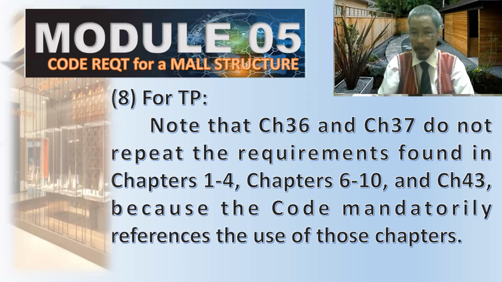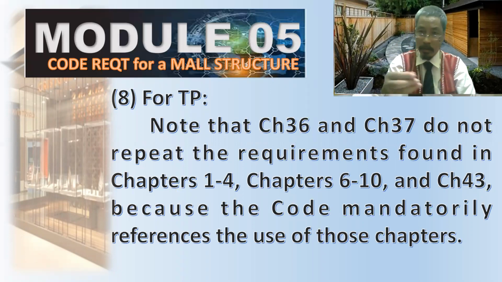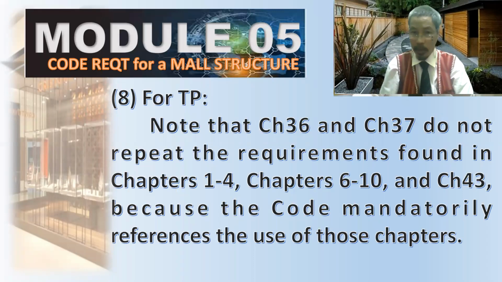And if, for example, the occupancy chapter 36 or chapter 37 conflicts, or not necessarily conflicts but has different requirements from chapters 1 to 4, chapters 6 to 10, and chapter 43, we have to prioritize the use of chapter 36 and chapter 37.